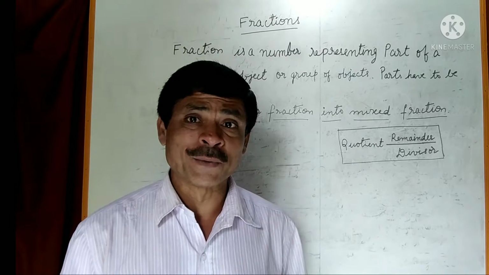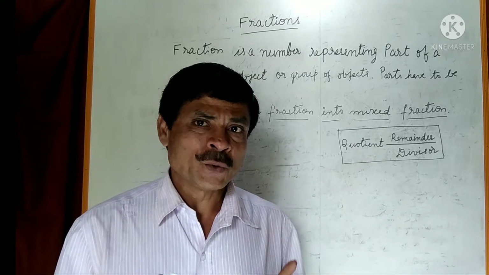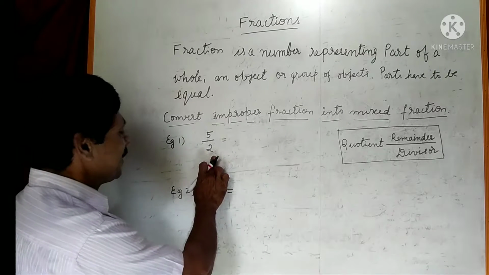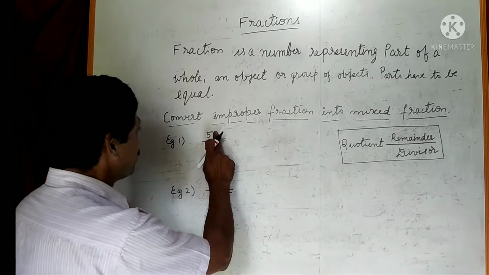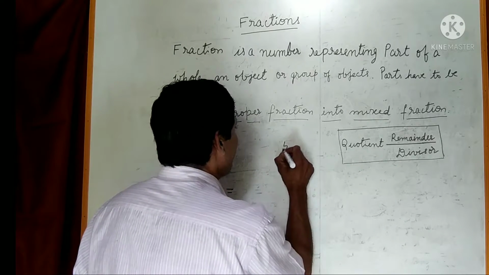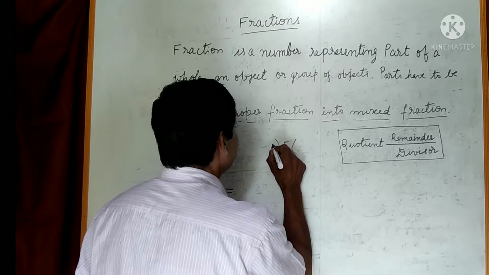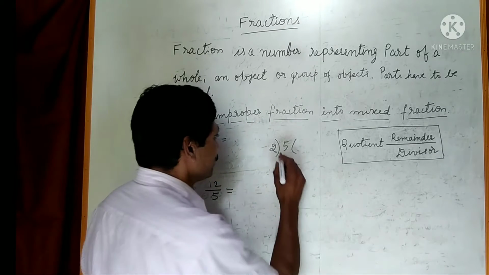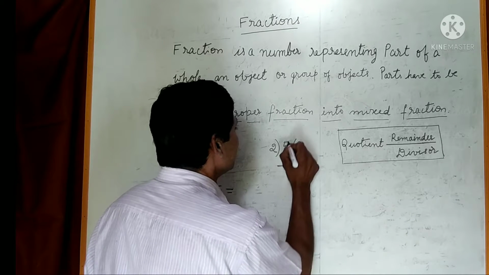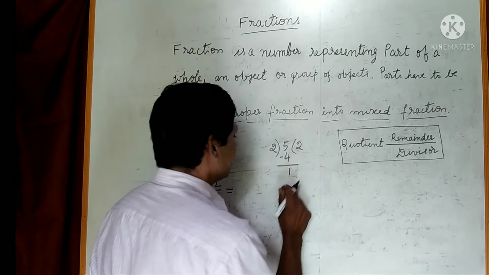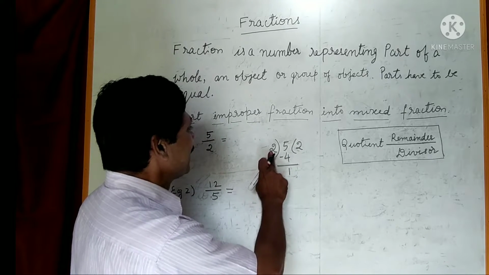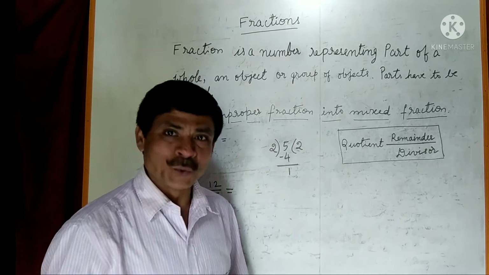Now we will learn how to convert an improper fraction into a mixed fraction. To convert an improper fraction into a mixed fraction, we have to divide the numerator by the denominator. 5 by 2: 2 fours are 8, no, 2 twos are 4, 5 minus 4 is 1. That means the remainder is 1, the divisor is 2 and the quotient is 2.